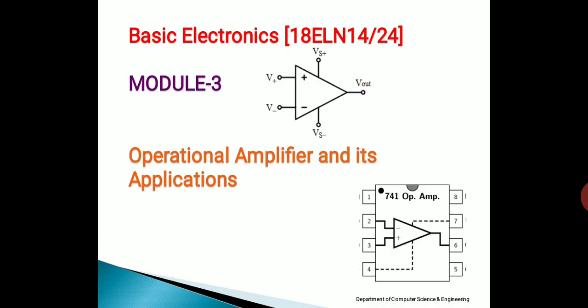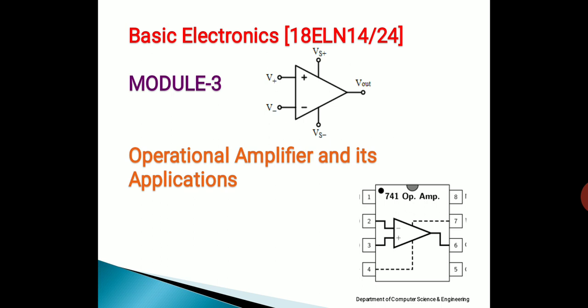We are discussing basic electronics 18ELN24, Module 3, operational amplifier and its applications. So far in this module we have discussed what an operational amplifier is, why it is called an operational amplifier, what the circuit symbol and the equivalent circuit of the operational amplifier are.